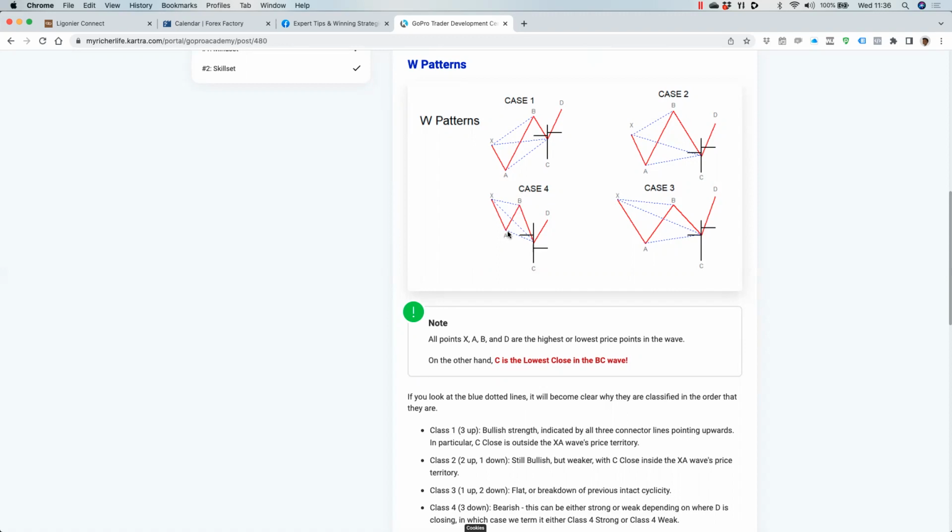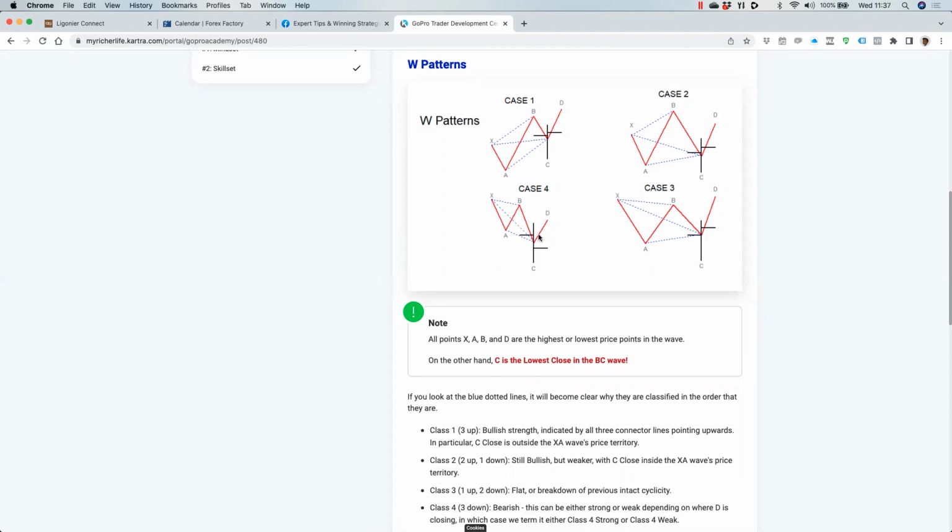So we would have seen the support level at A was broken by the BC wave, and with that close below, we're also expecting that support to turn into resistance and be respected as such. So it just goes back to the definition of a trend: a consistent breaking of support and then respecting of that support as resistance once it's broken.